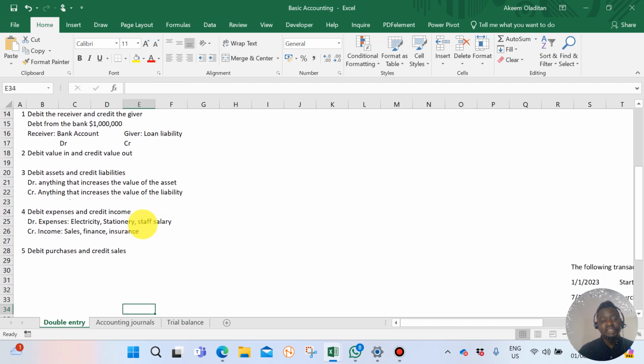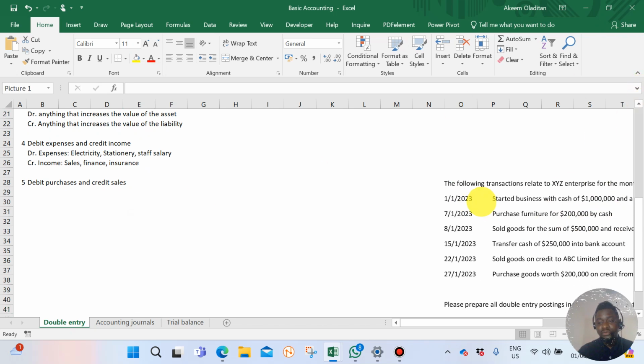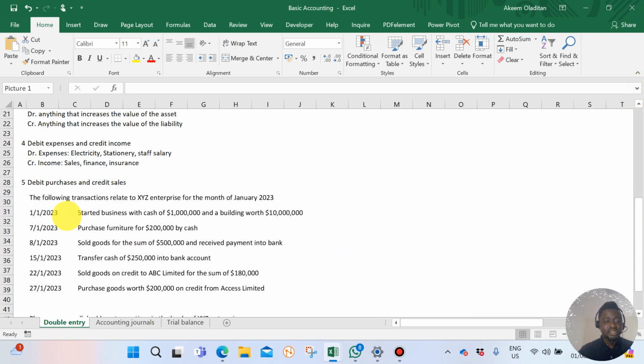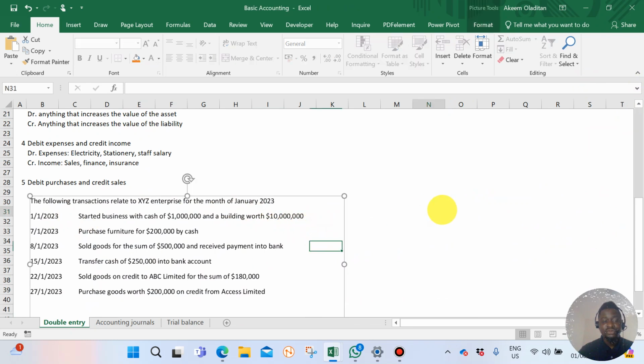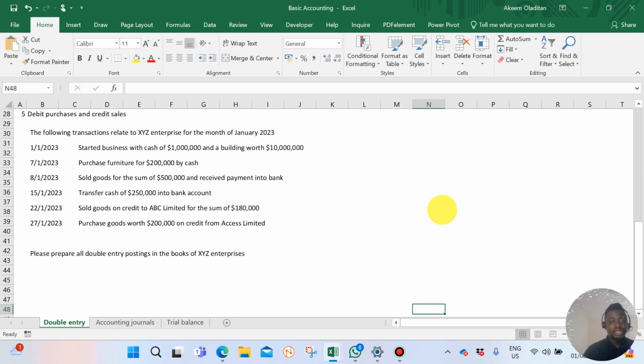So let's look at a typical example. Let me bring in a typical example and try to solve the question. So we have this example here. If you look at the example that we brought in, let me put the solution here.